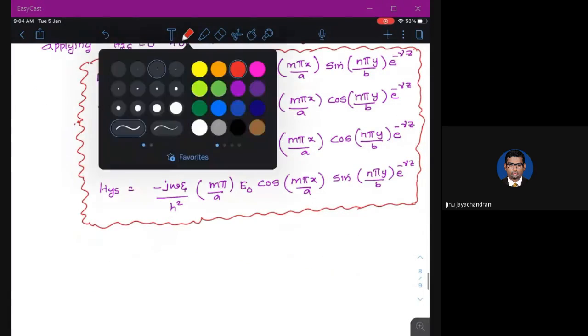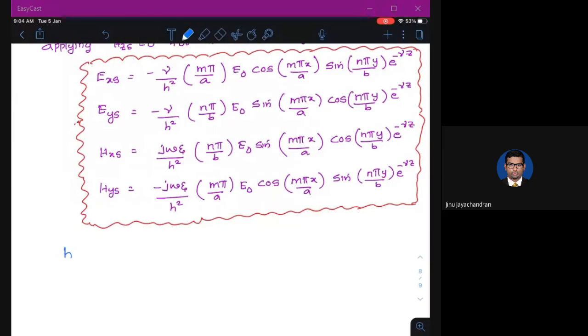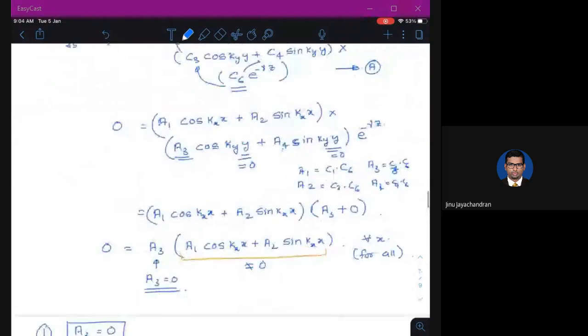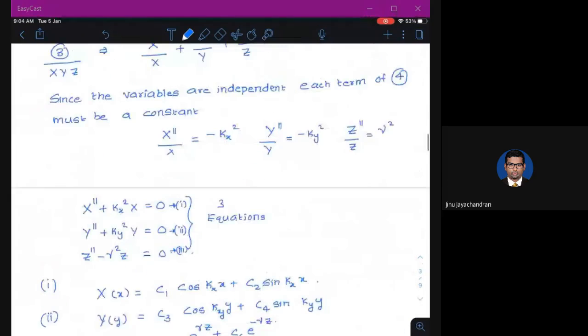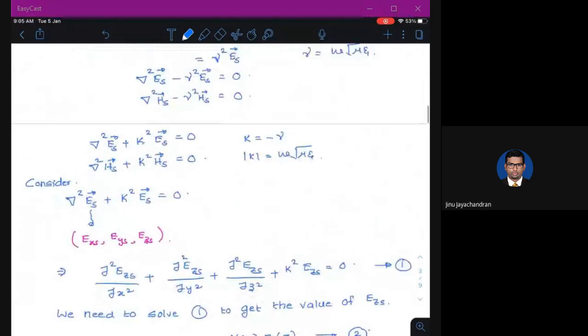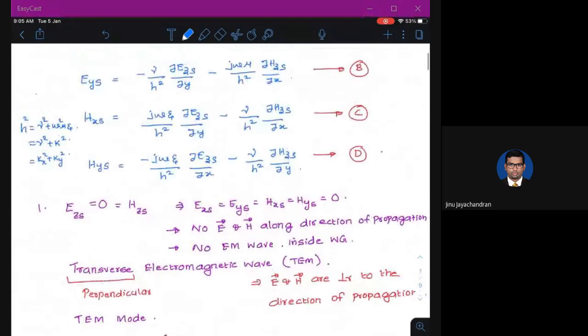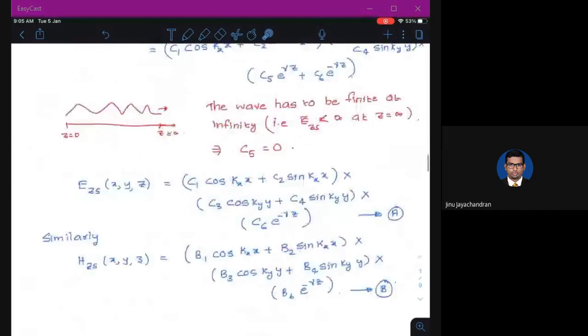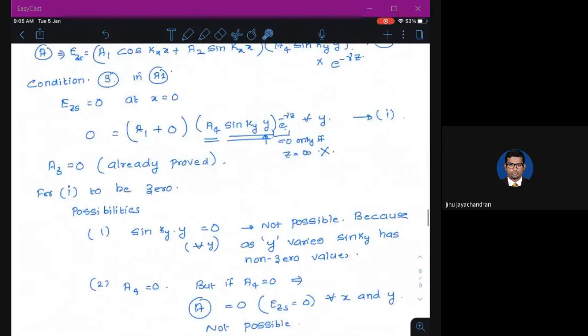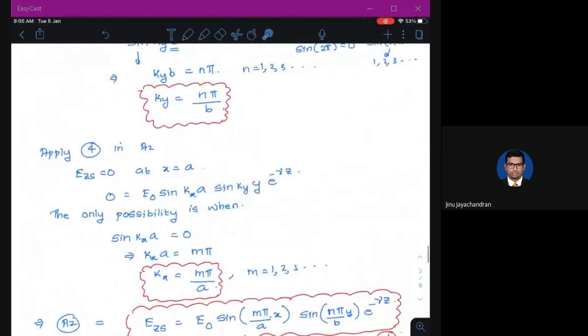Then we have a term called h. We have already stated in the previous class that h square is equal to gamma square plus omega square mu epsilon, or it is equal to kx square plus ky square. Okay, and we have found out the value for kx and ky, which is this and this.